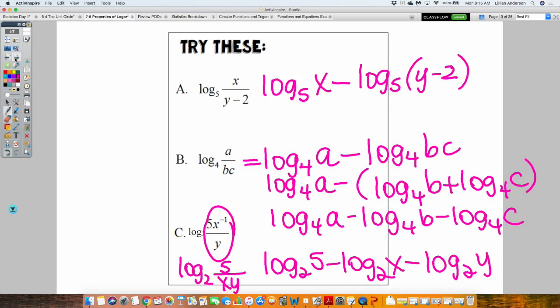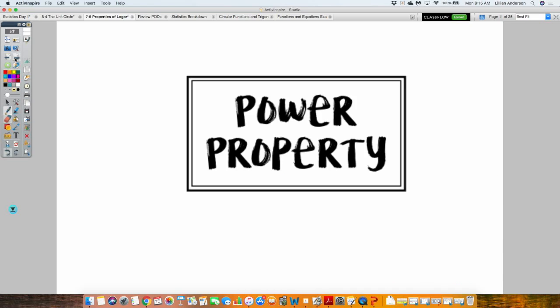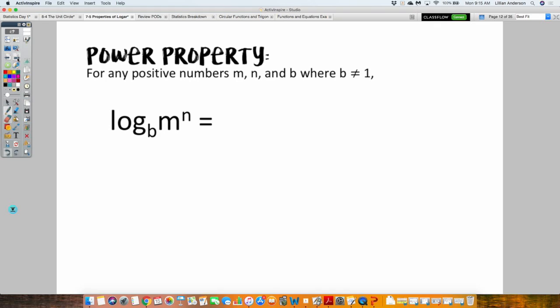Power property. Okay? With this one, to expand, even though it might not look like you're actually expanding this, anytime you have an exponent in the front of your log, you need to bring it to the front of your log. So then it becomes n times log base b of m.